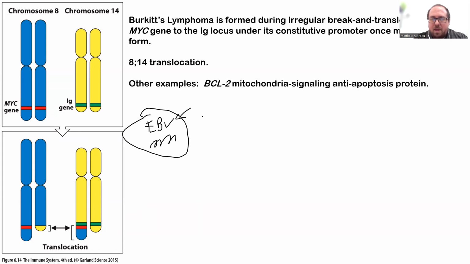infected with EBV. But in the right set of circumstances, chromosome 8 and chromosome 14 translocate to one another, which puts the MYC gene, one of the major genes that's involved in embryonic cell proliferation, so it's a really powerful proto-oncogene, under the regulation of the Ig locus.